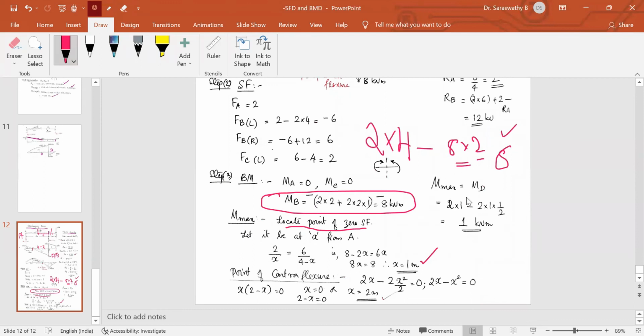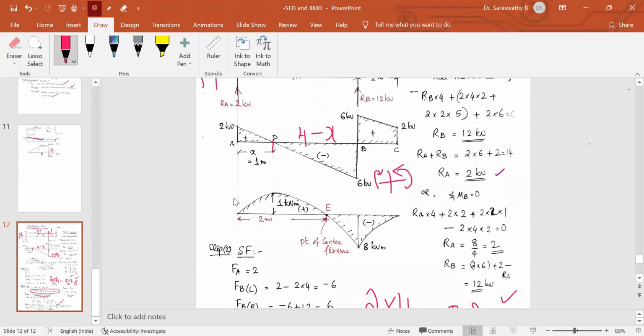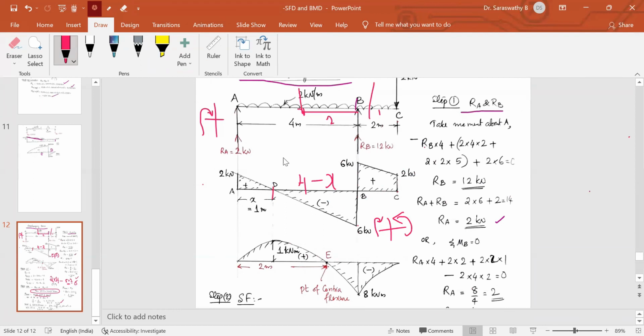Maximum bending moment value will be at the point where the shear force is 0. So the point of 0 shear force is marked here as D. How will you find out the moment at D? At 1 meter from here, RA into 1 clockwise minus this load 2 into 1 acting at 1 by 2 or 0.5.